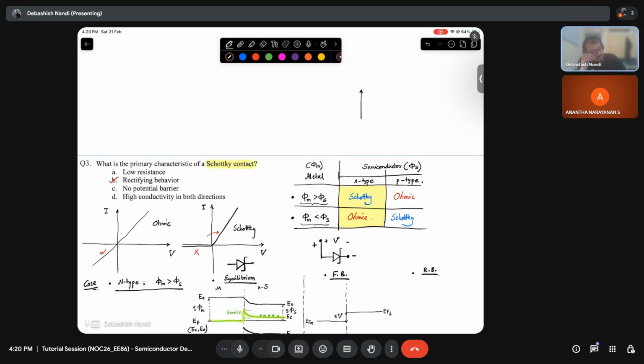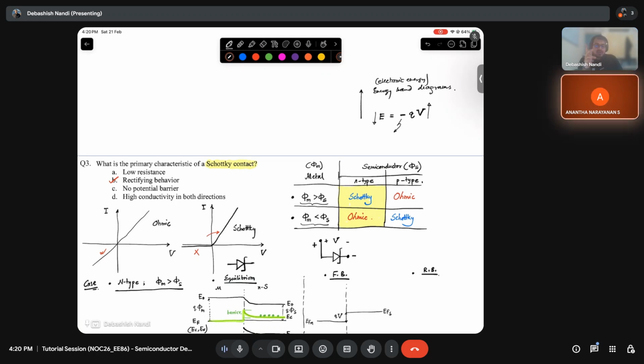In energy band diagrams, the implicit assumption is electronic energy. Electronic energy is related to potential as Q times potential. So if potential increases, the energy band lowers because of this negative sign.